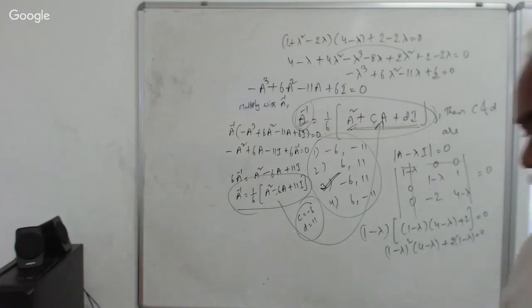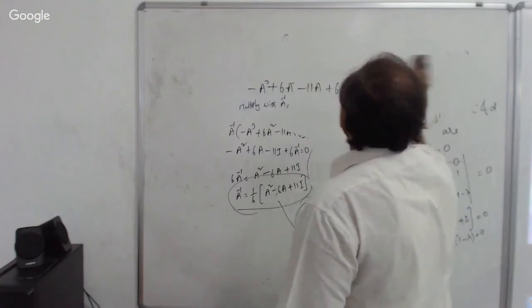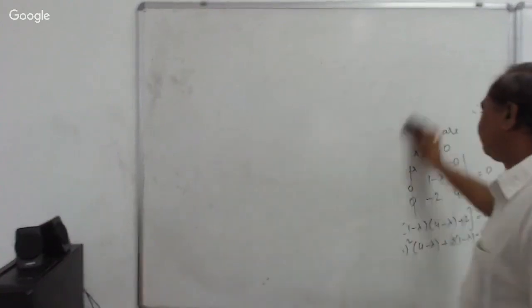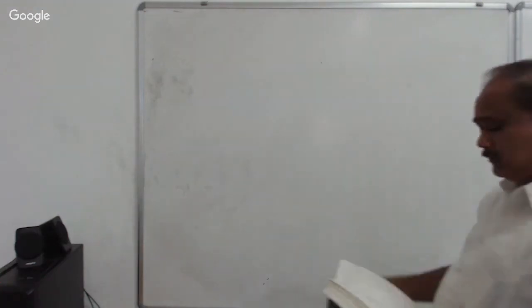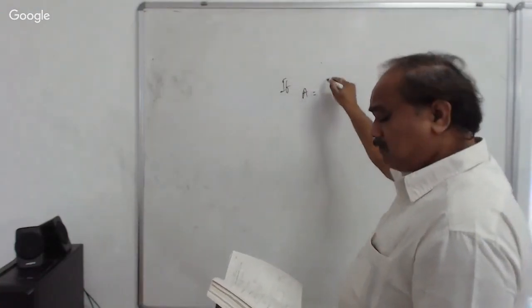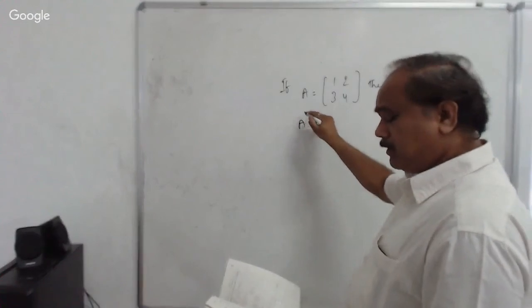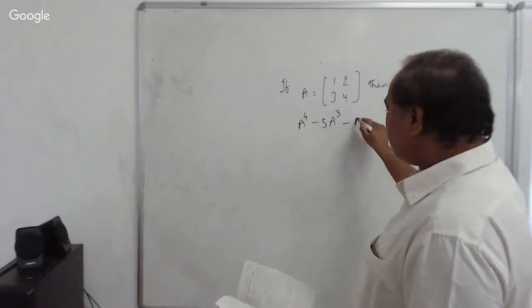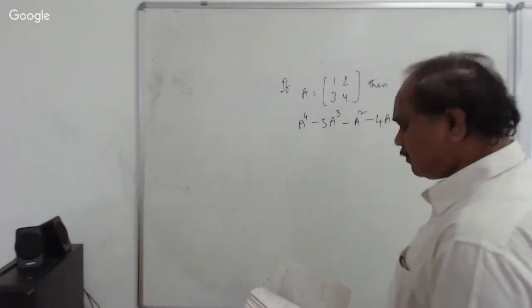Next question. If A equal to [1, 2, 3, 4], then A power 4 minus 5A cube minus A square minus 4A minus I equal to dash.